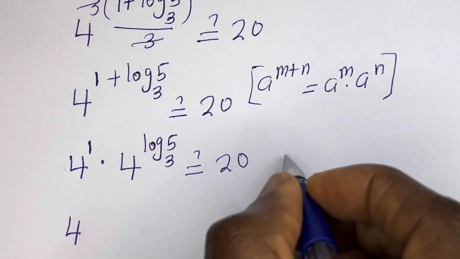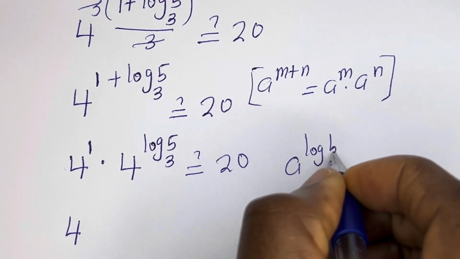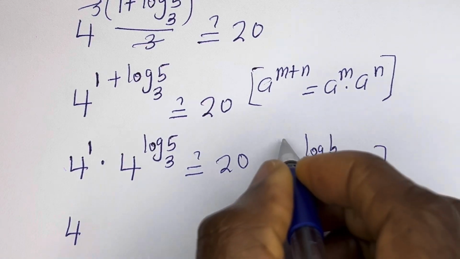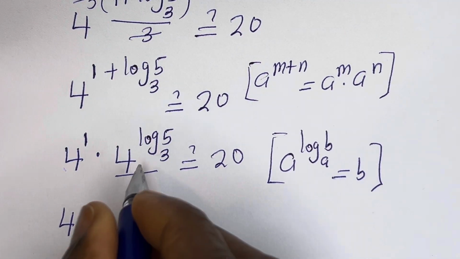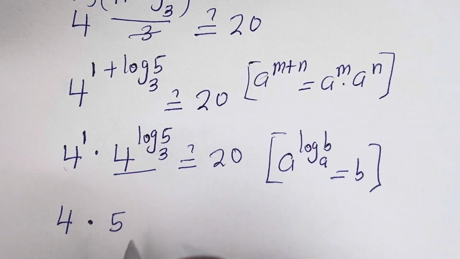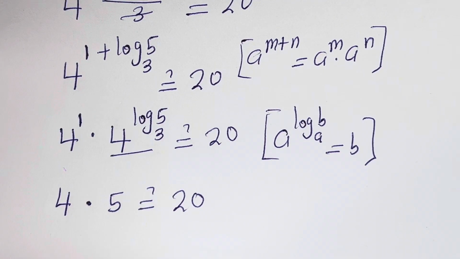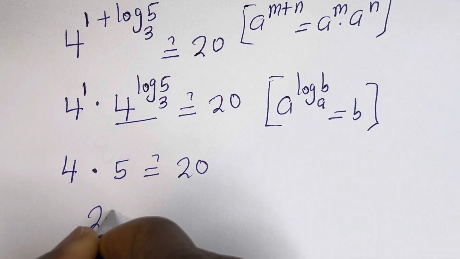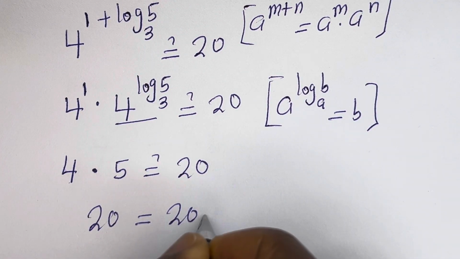Here, take note of this, that if you have a to the power of log b base a, this is equal to b. This is 5. Must be equal to 20. Then 4 multiplied by 5, here is 20 is equal to 20, which is true.